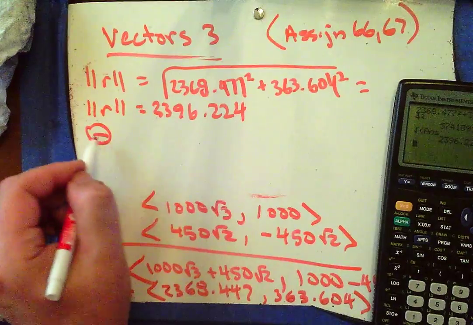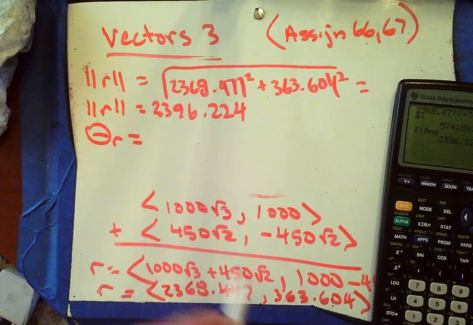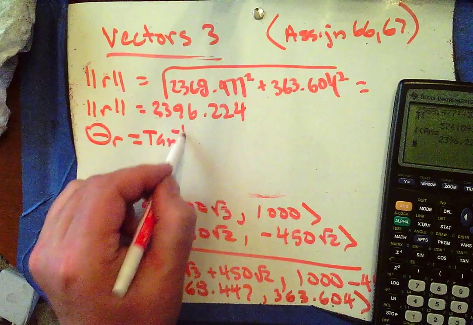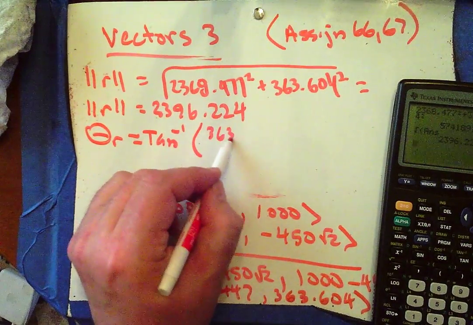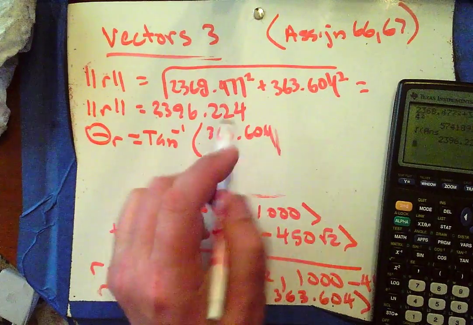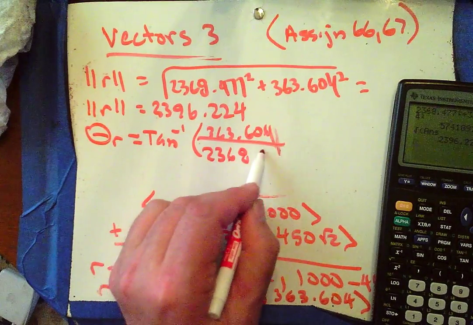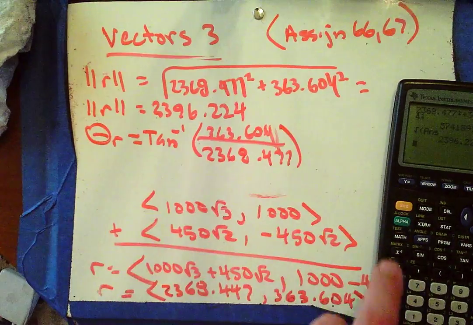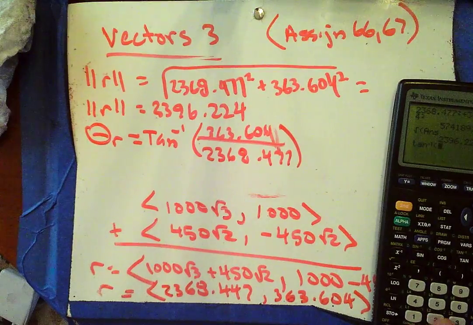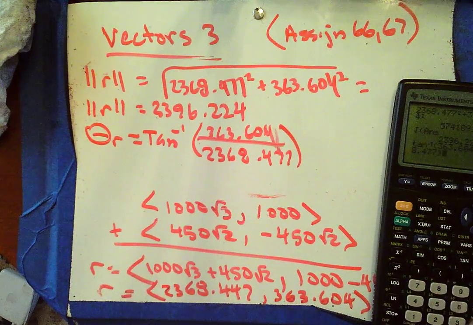And then what about theta R? Well, we said that we would use inverse tangent on this component form. Tangent inverse of 363.604 divided by 2368.477.